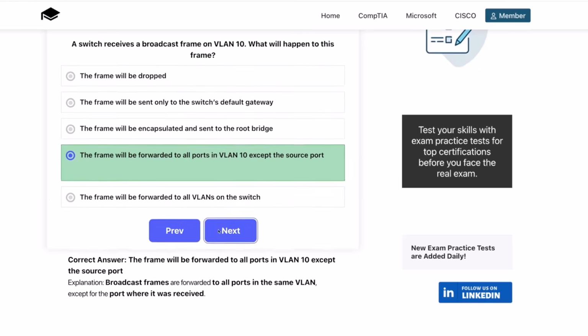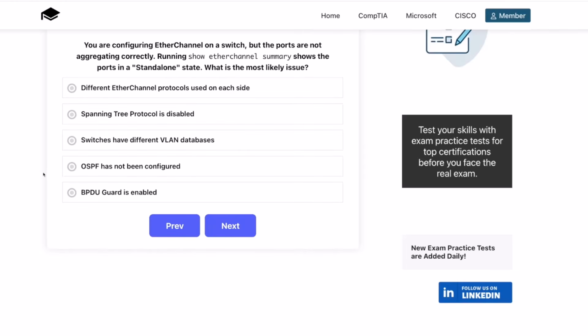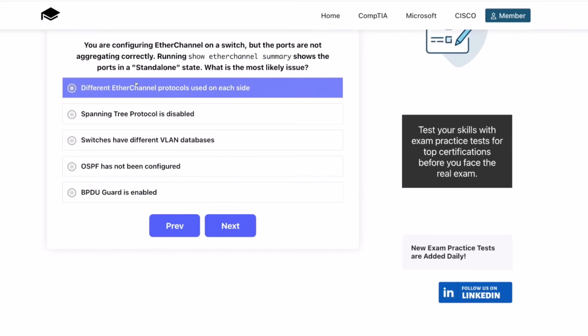Now, question 3. You are configuring EtherChannel on a switch, but the ports are not aggregating correctly. Running show EtherChannel summary shows the ports in a "standalone" state. What is the most likely issue? Is it different EtherChannel protocols used on each side?